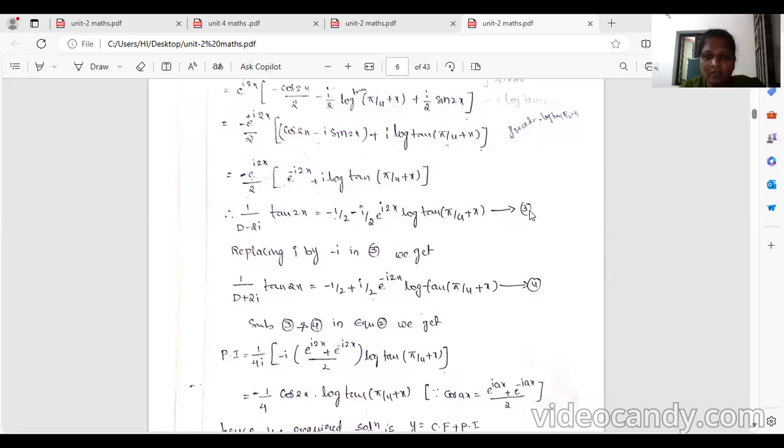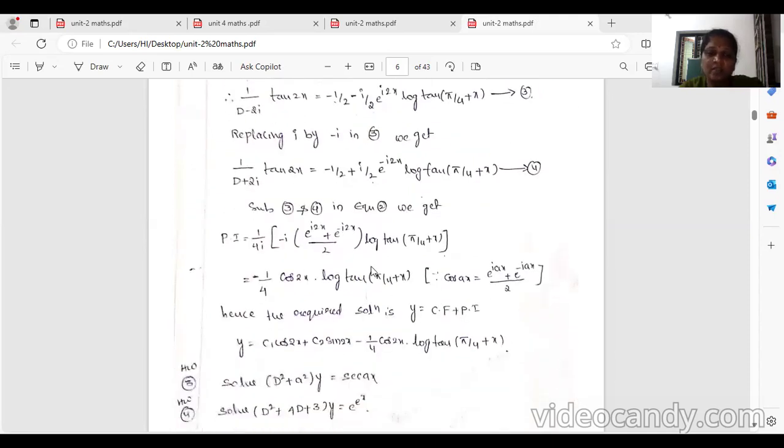This is equation 3. Then replacing minus i, we get the second fraction answer, 1 by D plus 2i into tan 2x. Here minus of minus 2i. In place of i, replace minus i: minus 1 by 2 plus i by 2 e power i2x log tan pi by 4 plus x.